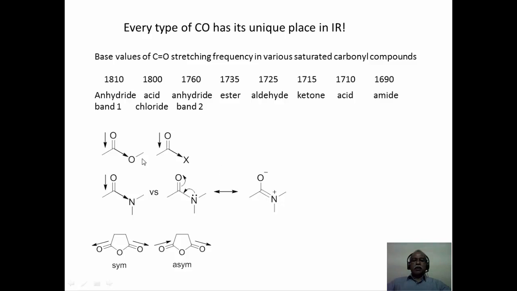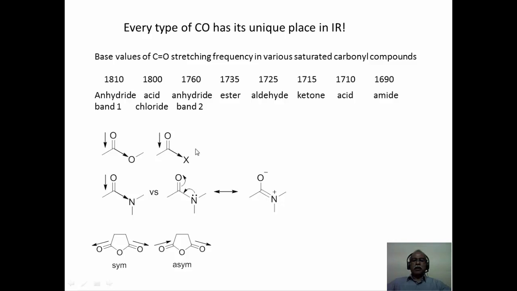Let us take the example of the acid chloride. Now, the carbonyl functional group is connected to an electron withdrawing chlorine atom or a fluorine atom, depending upon the halide that you have in the acid halide. As a result of the inductive effect of the carbon halogen bond, the electron on the carbonyl carbon gets depleted, and this is compensated by the participation of the lone pair of electrons from the oxygen, which further strengthens the carbonyl bond.